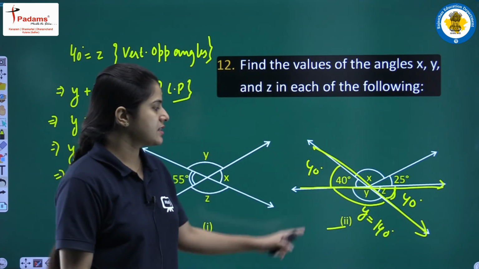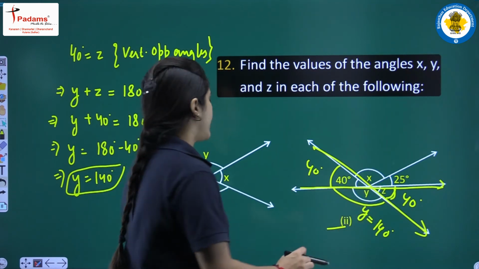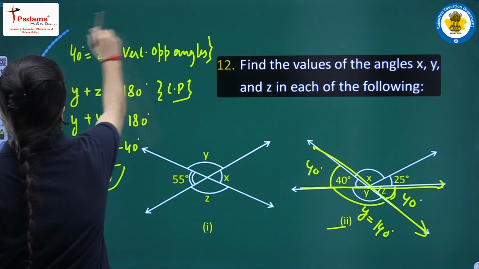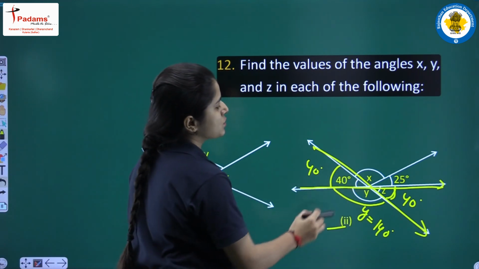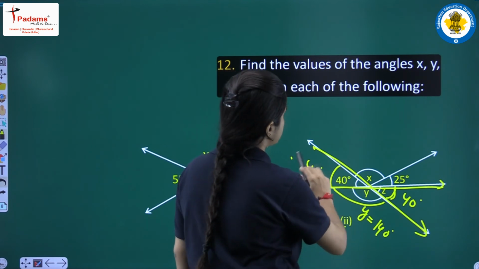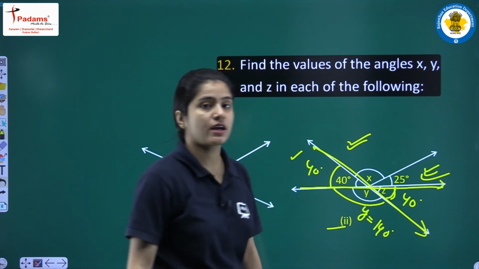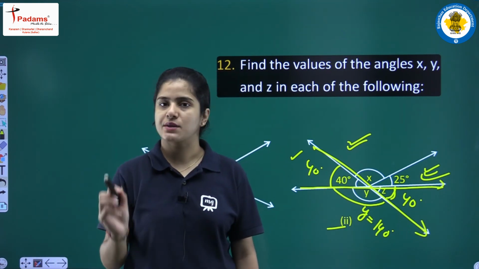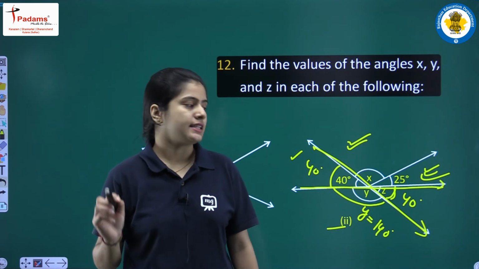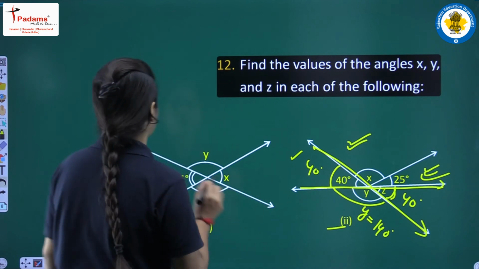Have a look students, this is 140, this is 40, now you have to find out the value of x. What can we do to find the value of x? Clearly, we can have a look at this angle and this angle. These three angles are coming on a straight line, and if the complete angle of a straight line is equal to 180 degrees, then it means that the sum of these three is equal to 180 degrees.